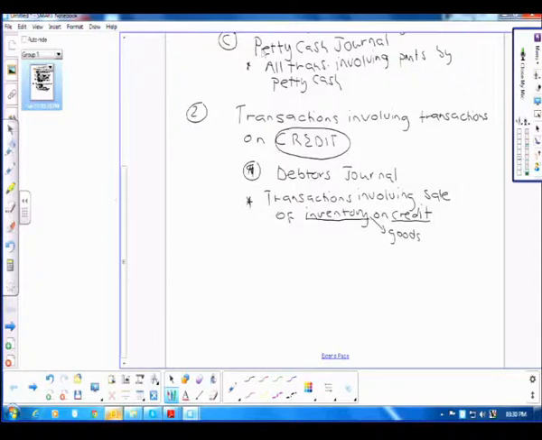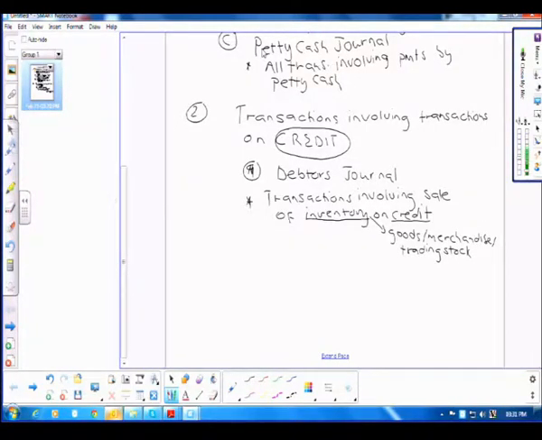Sometimes they can say sold merchandise, or sold trading stock. This is all the same; we just use different words. So for the debtors journal, very important, we're selling on credit, but the only thing we are selling is inventory.